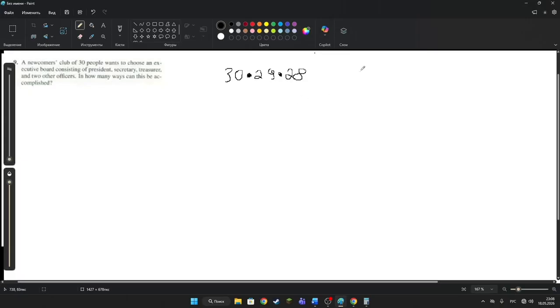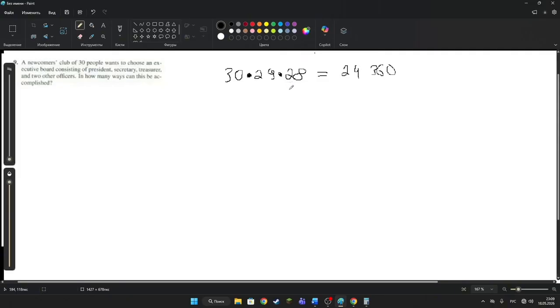If we calculate this, we have 24,360. Then we calculate the two other officers, who are indistinguishable.